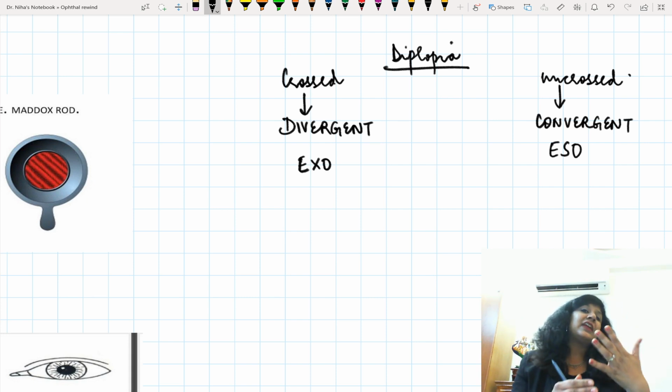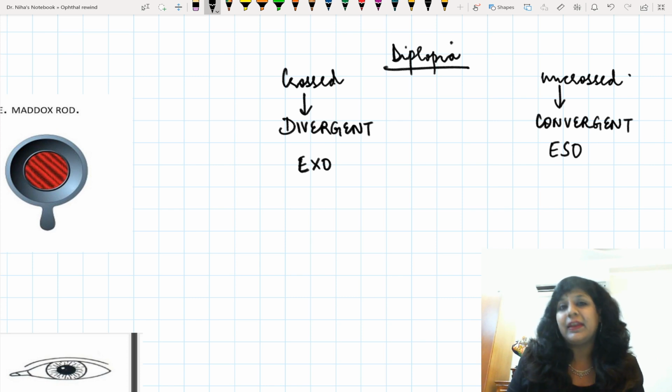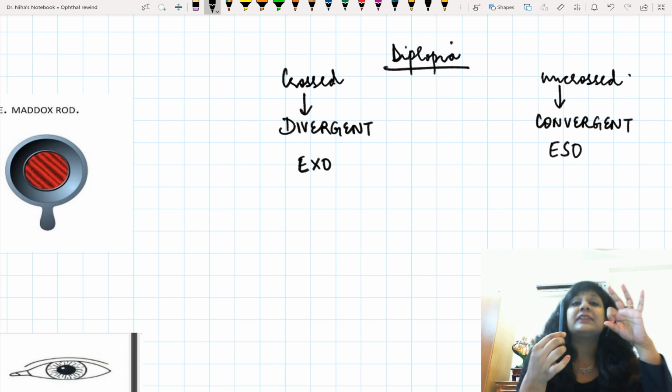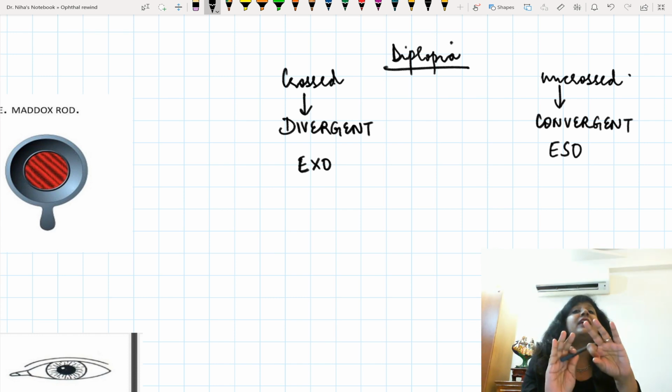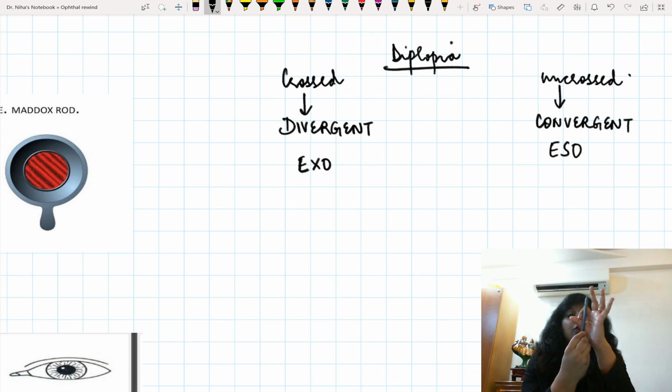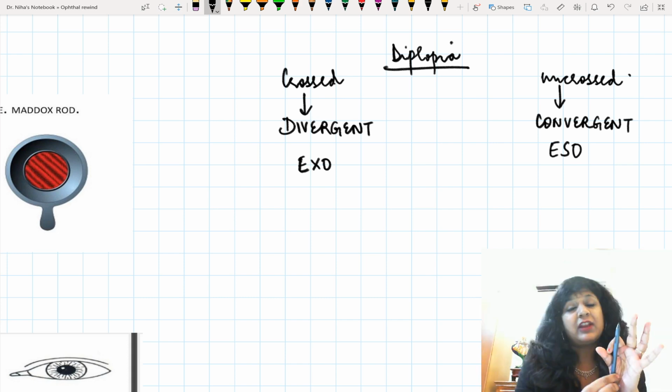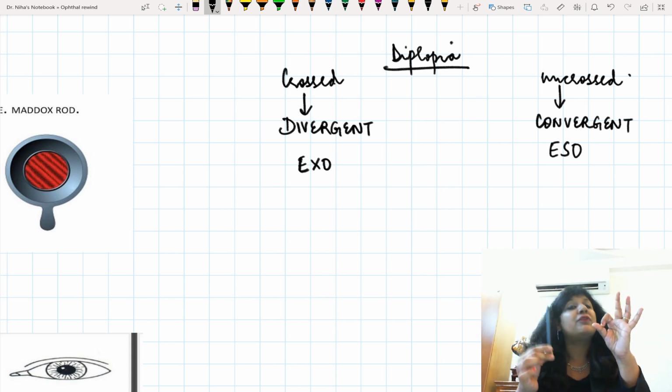So that is why even the latent squint will erupt. One eye is seeing a dot and one eye is seeing a line. There will be simultaneous perception if there is orthophoria. But if there is squint, what will happen? It will fall at an extrafoveal point.